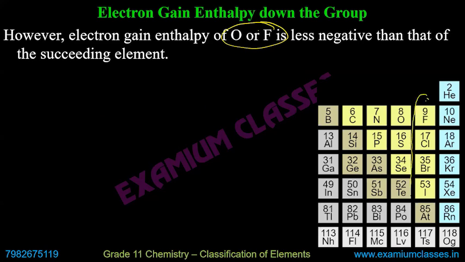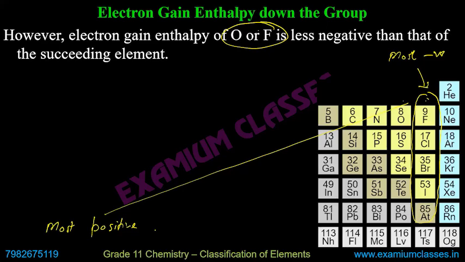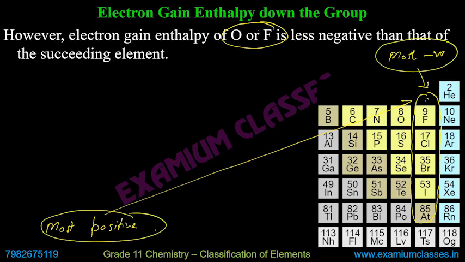We said that in this region the electron gain enthalpy will be most negative, and in the other region most positive, so the sequence is something like this. Fluorine should have the most negative electron gain enthalpy, but that's not the case.